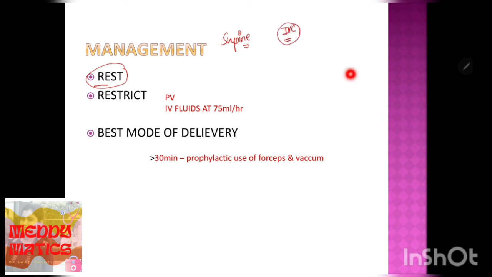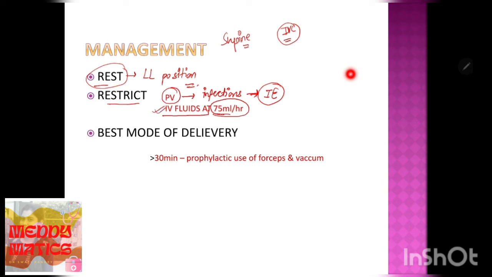So the patient is advised to take rest in the left lateral position, and restrict per vaginal examination to avoid infections, particularly infective endocarditis. Then IV fluids: restrict the IV fluid at 75 ml per hour.